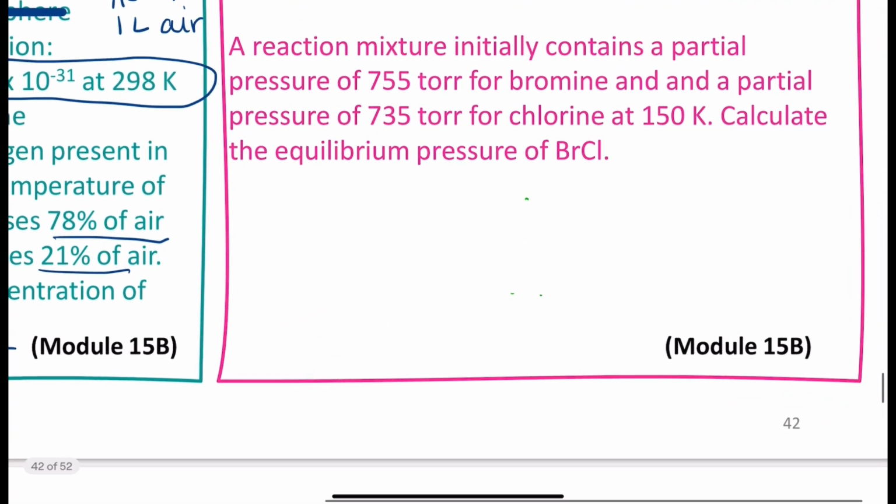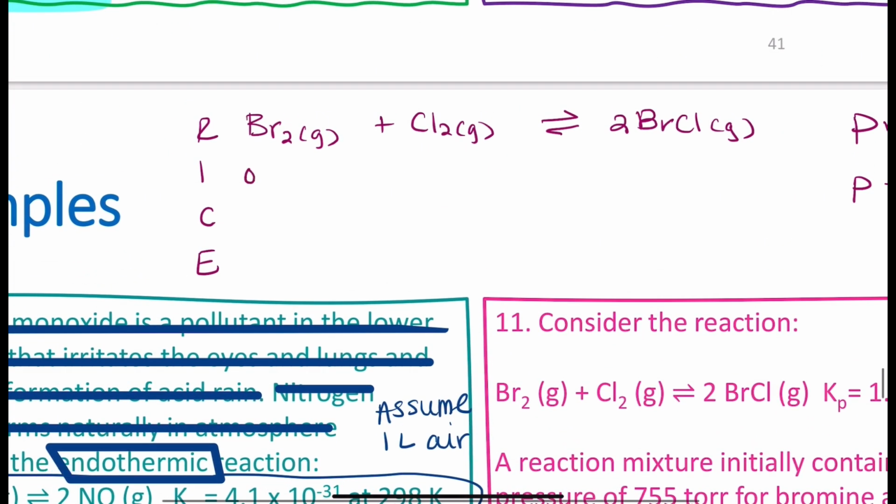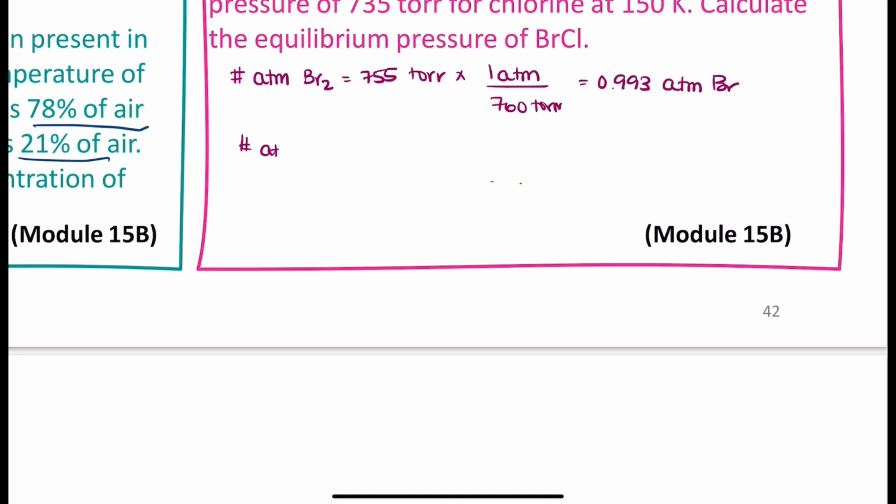So I'm going to have to find the number of atmospheres of each species first. Number of atmospheres of bromine, 755 torr. I know 1 atmosphere is 760 torr. So that gives me 0.993 atmospheres of bromine at the start. And number of atmospheres of chlorine.